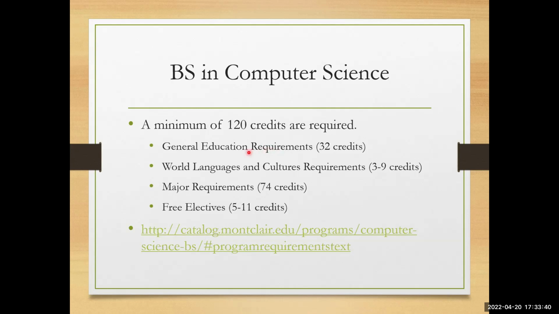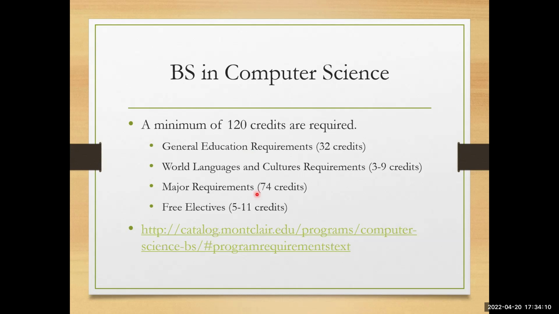You need to take some general education courses like history, philosophy, languages, and so on. Then you have 3 to 9 credits in world languages and the requirements. After that, you have 74 credits in major requirements. As you can see, you need to take a lot of major courses.